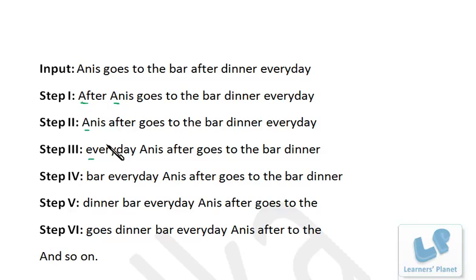The words are getting arranged in dictionary order. Apart from that, vowels are given preference, right? So here A and here it's A. So after and anise, in dictionary order if we see, after will come first, right? So first after is arranged in step 1 and remaining words are as they are. After that anise will come according to the dictionary order and the remaining words are as they are.